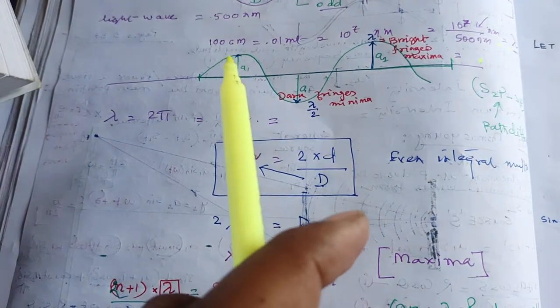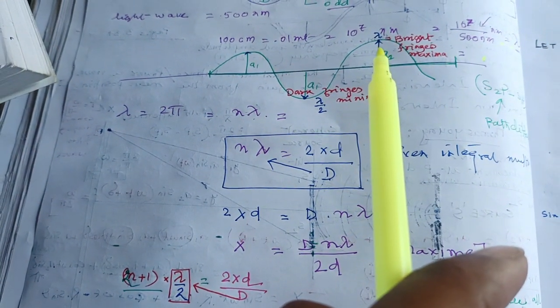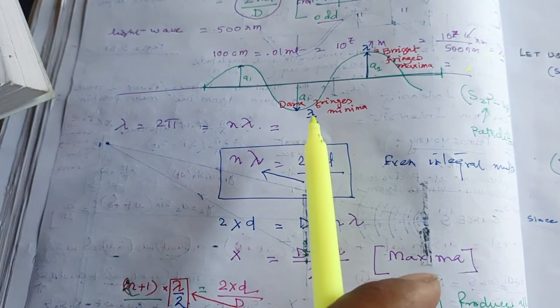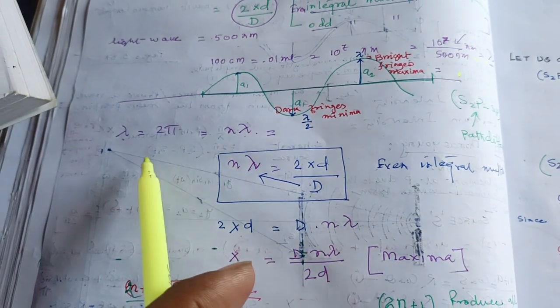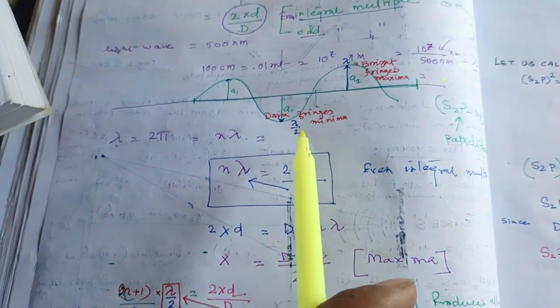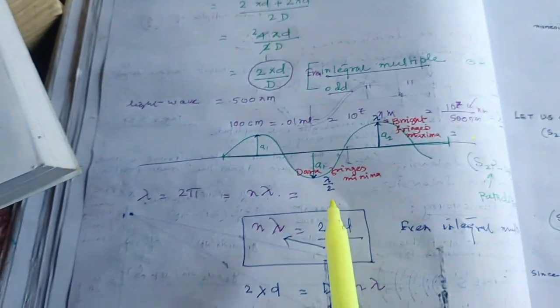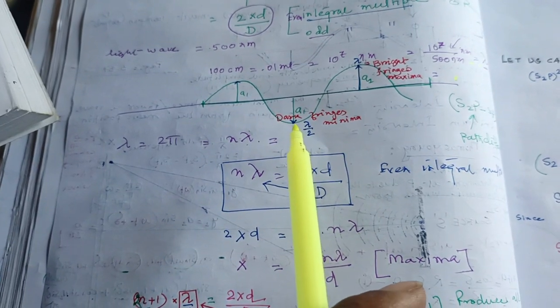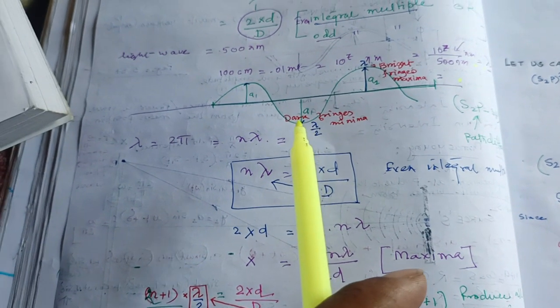So if this to this distance is 2 pi, half of that is pi by 2. So pi by 2, if you take, it will be lambda by 2. So that's why, and again it should not be an even number, it should be an odd number.